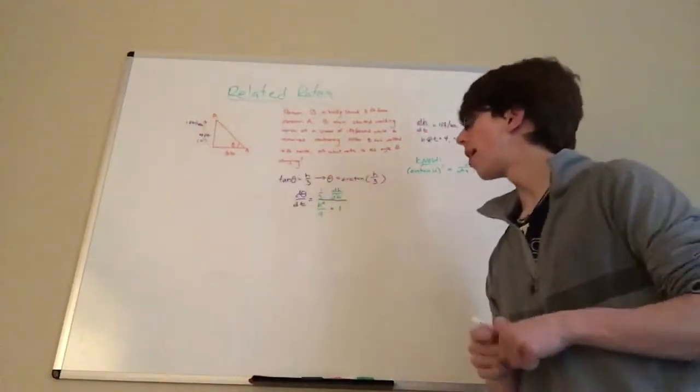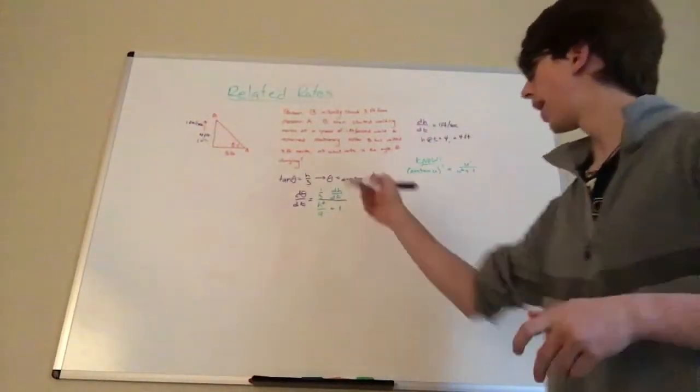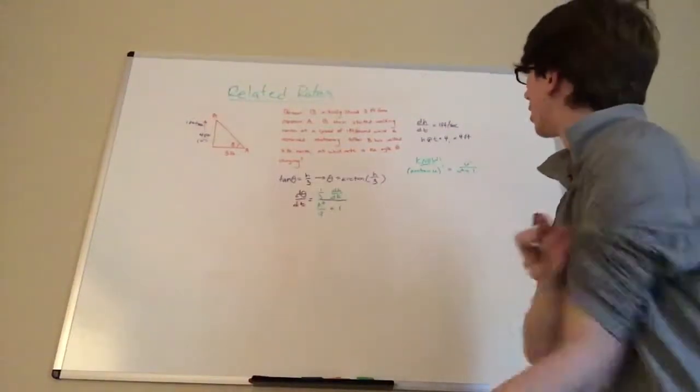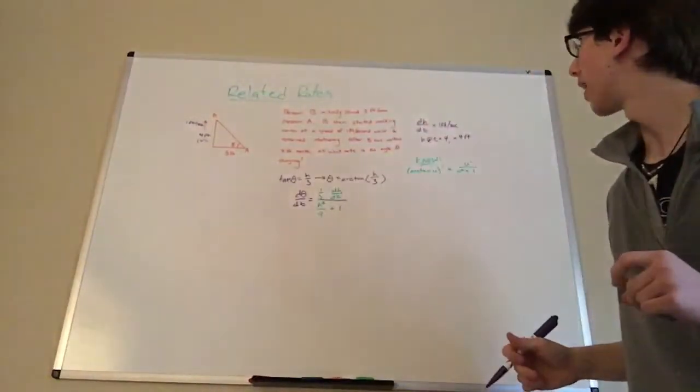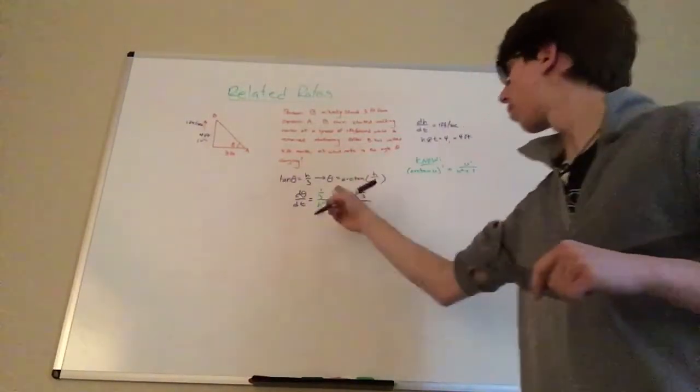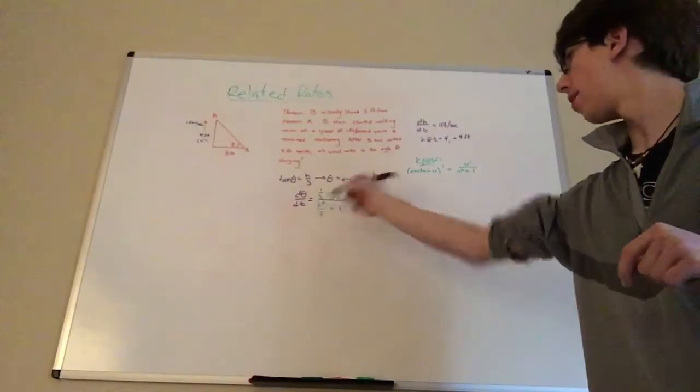Now we can simplify this: 1/3 times dh over dt. Well, dh over dt is 1 foot per second, so that's just 1/3 over h squared over 9 plus 1.